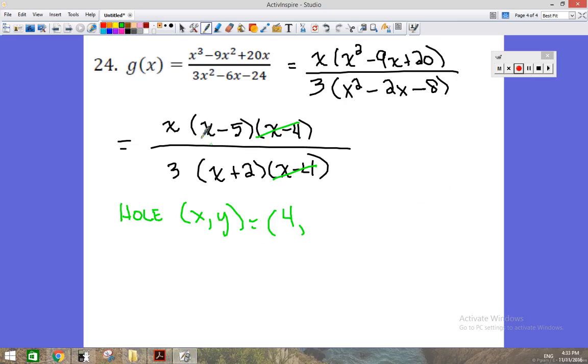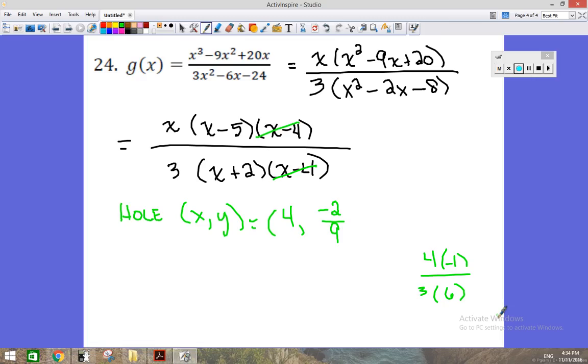Now, if we plug it in, what do we get? We've got 4 in the numerator, and 4 minus 5 is a negative 1. We plug in a 4 in the denominator, and 4 plus 2 is 6. So I have, well, I'm getting tired. 3 times 6, 18. Hey, those are both even numbers. So negative 4 over 18 reduces to negative 2 over 9, right?